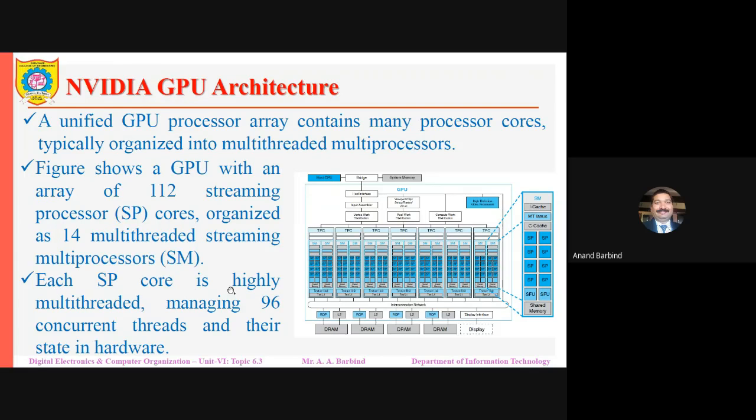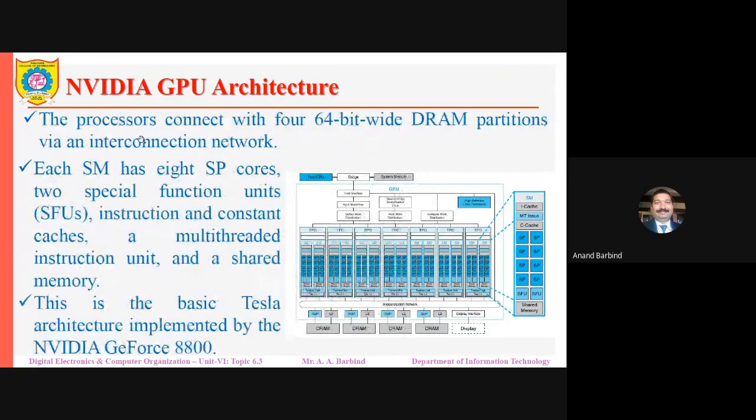Each SP core is highly multi-threaded, managing 96 concurrent threads and their state in the hardware. The processor connects with four 64-bit wide DRAM partitions, so the basic data type is 64 bit.